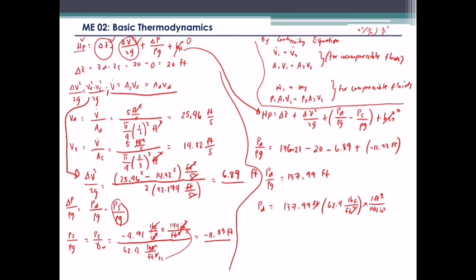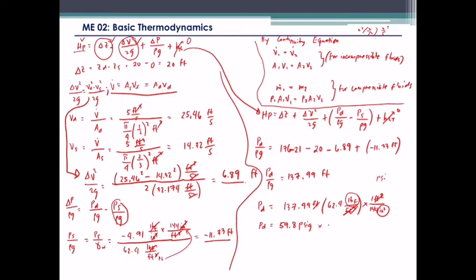So the feet cancel, and we get the unit pound force per square inch, PSIG. PD is now 59.8 PSIG. Please calculate, class, and check if you got the same.